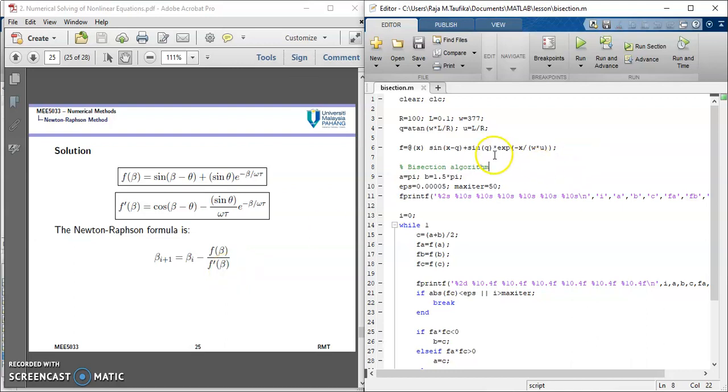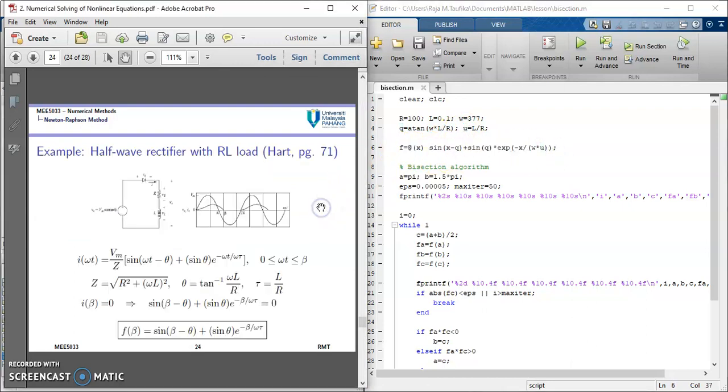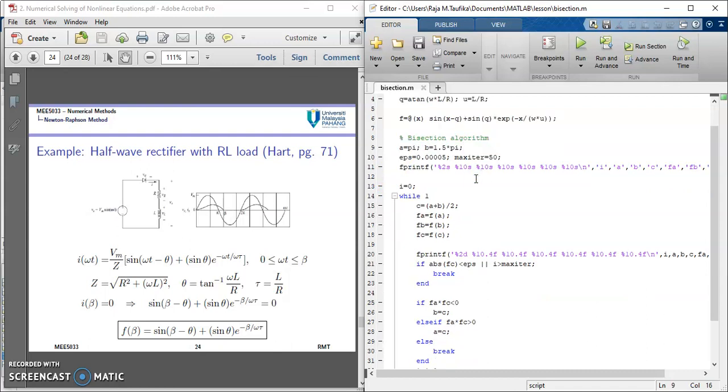So in here, this is the set of coding for solving the problem using the bisection algorithm. We can use the same information that we have here: the RL, omega, theta, tau, and the function are still the same. And we can use the epsilon as the stopping criteria or the tolerance, and also the maximum iteration. The quantity A, B is not relevant to our Newton-Raphson, so no problem.